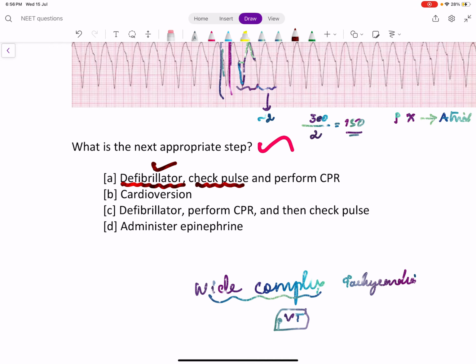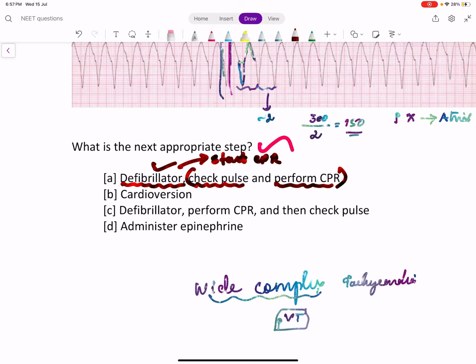You will check the pulse and perform CPR. I think this order is not right, because in your resuscitation, in your advanced cardiac life support, once you give a shock, the next thing you must do is start CPR immediately. You must not wait and see the pulse. Cardiac arrest involves both mechanical as well as electrical activity.